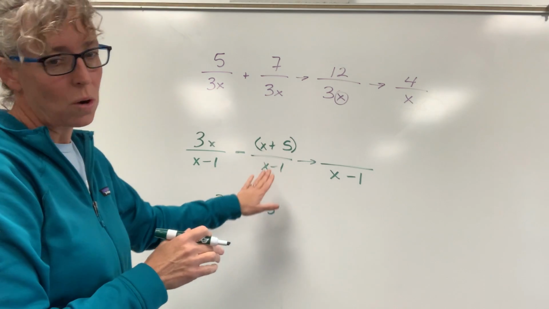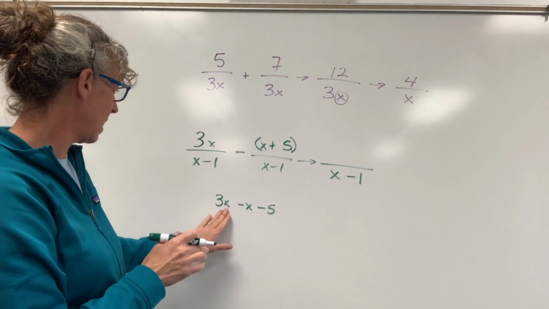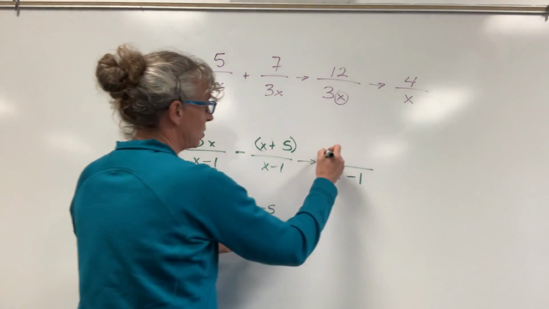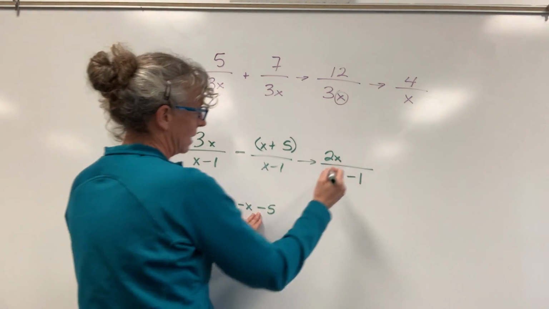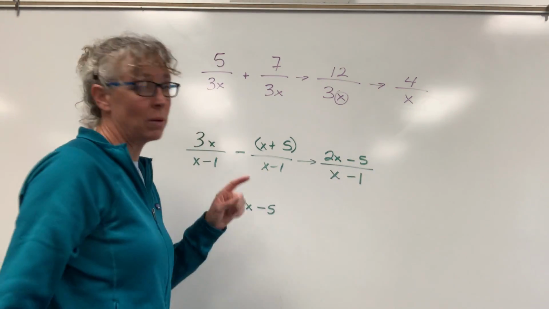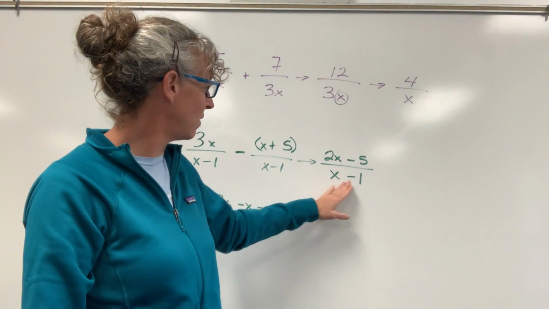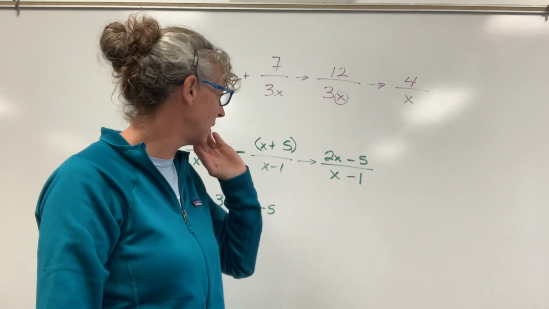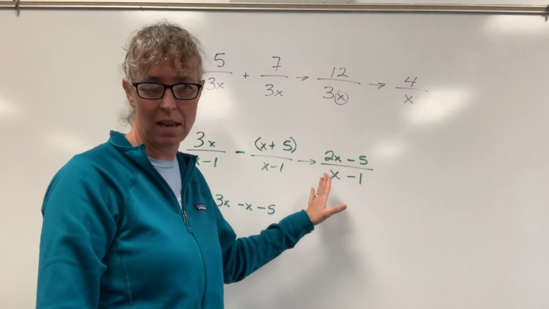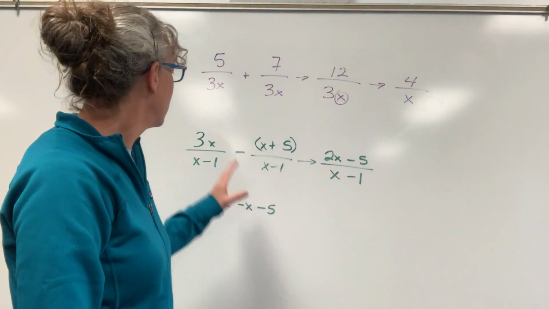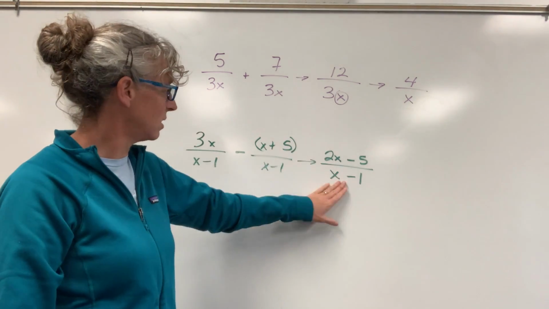So we do 3x minus x, which is 2x, and then we have a minus 5. Remember we learned in the last section, you can't cancel things out across this line if they're added or subtracted. So I cannot cancel out these x's, they have to just stay. So I've now subtracted these two fractions, and this is my answer.